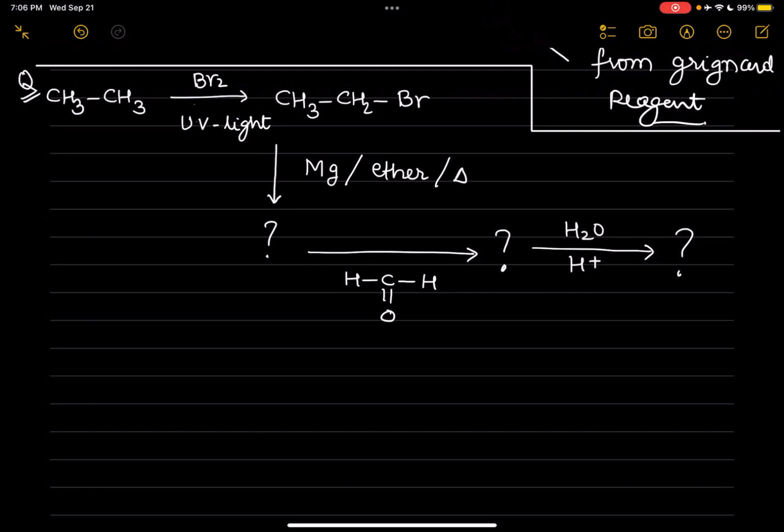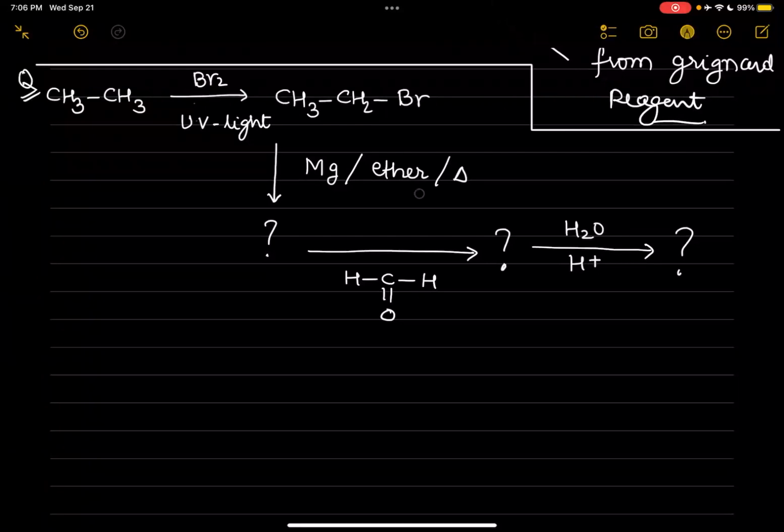Sometimes it is written just as light, or sunlight, or UV light, or hν. They're one and the same. You require energy to break the bromine bond. For that, this energy is there, and then you react it with magnesium and ether.